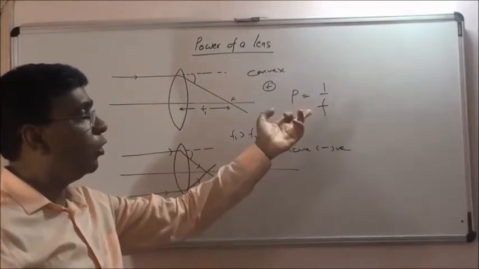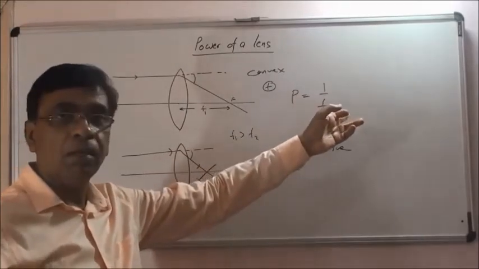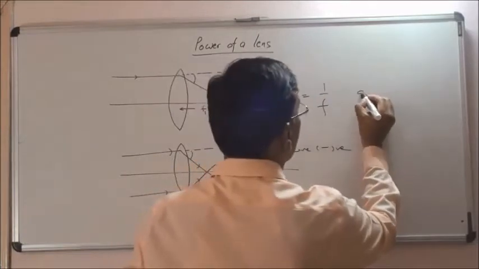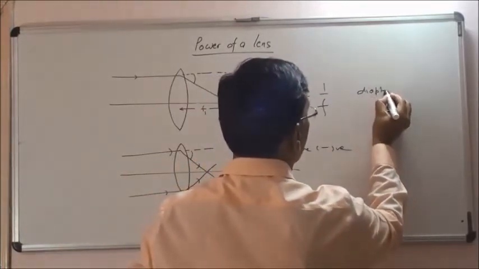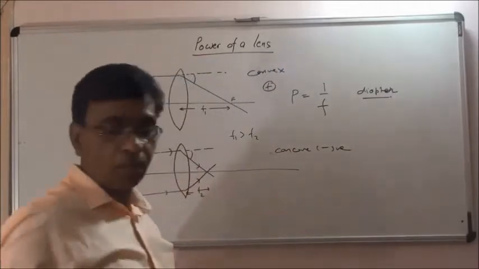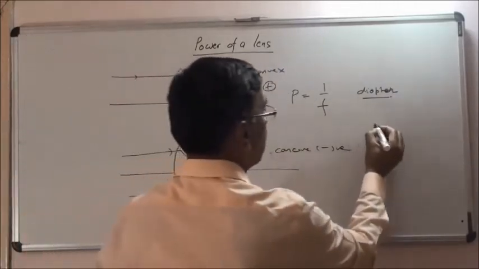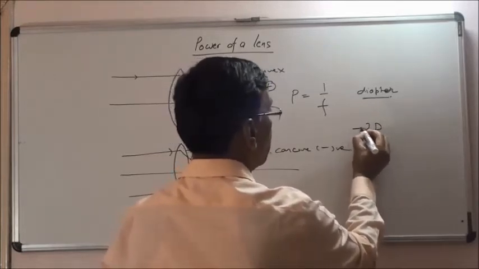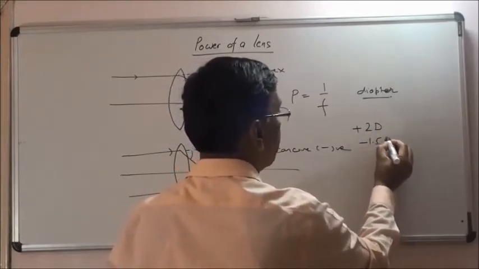1 by f, unit will be 1 by meter, and 1 by meter we call diopter. We usually denote it with D. Power of a lens is 2D, plus 2D, minus 1.5D.